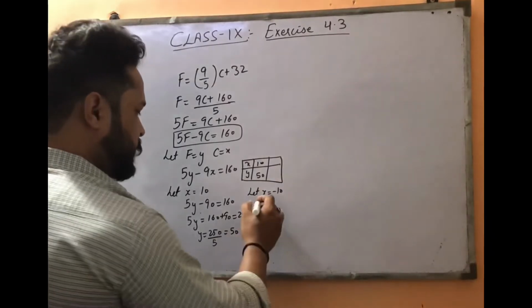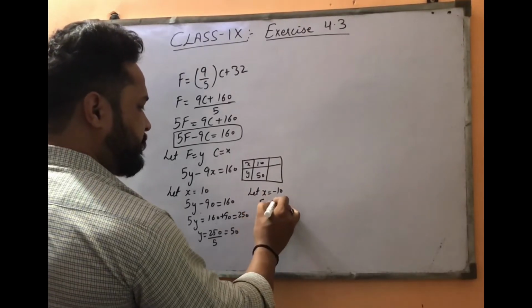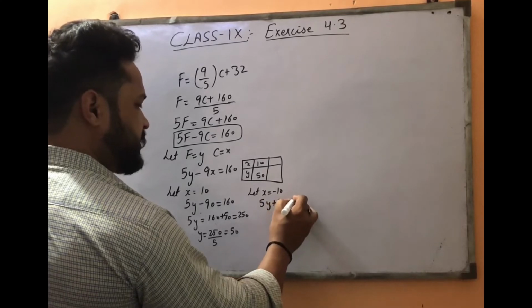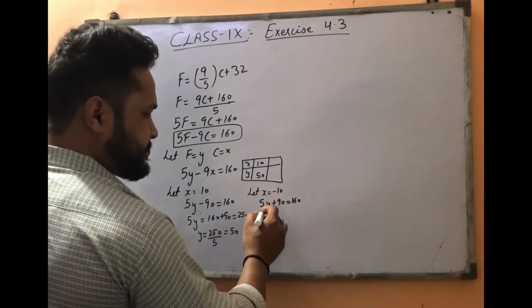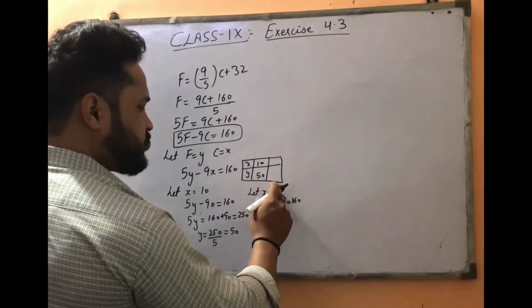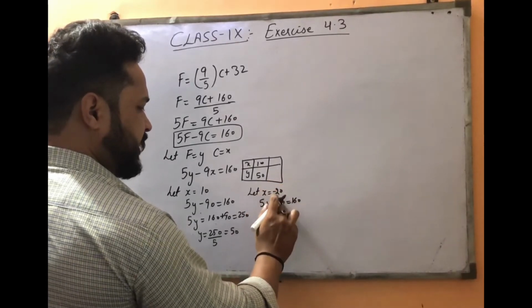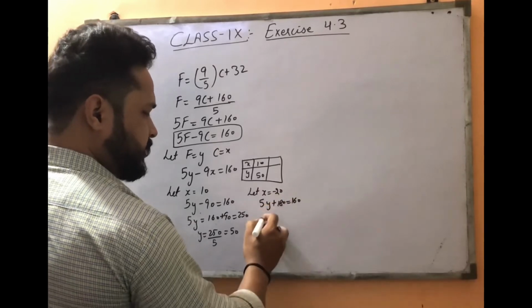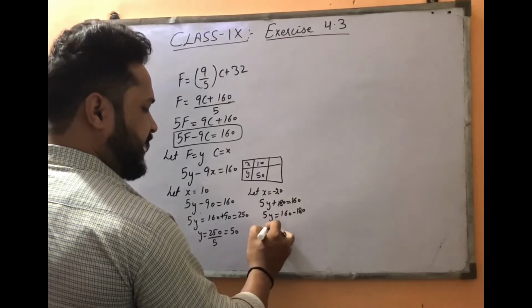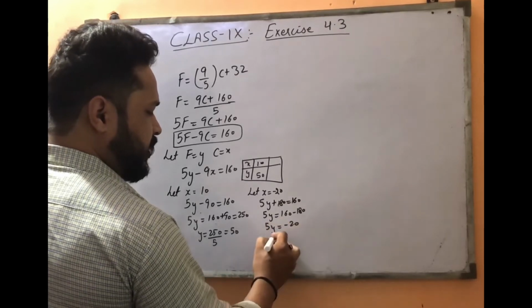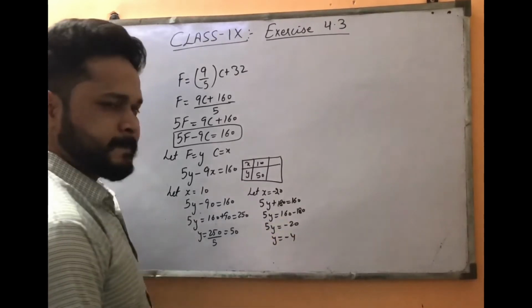So this is 5y plus 90 equals 160. Instead of plus 90, let us take minus 20, so this is plus 180. It is easier. Then 5y equals 160 minus 180, that is 5y equals minus 20, or y equals minus 4.